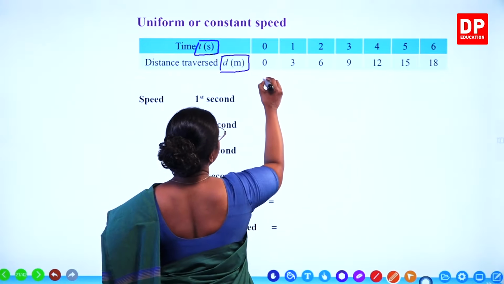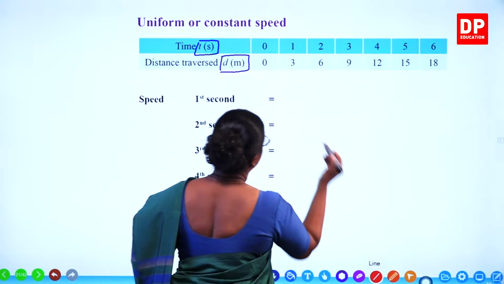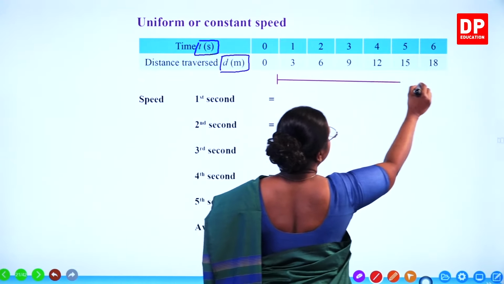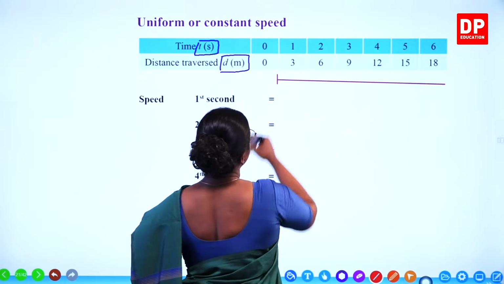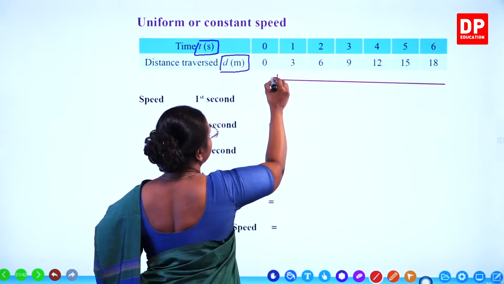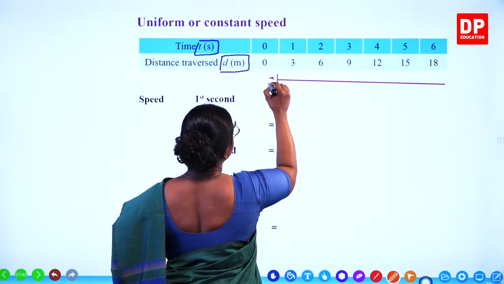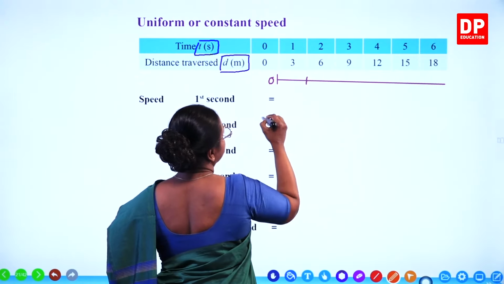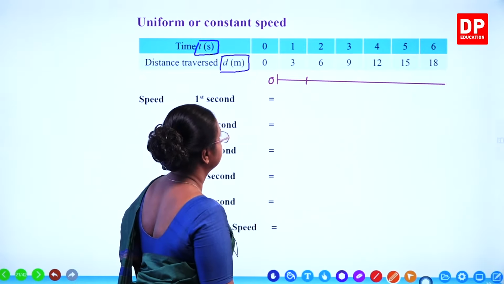So if I just show this as a diagram, we start from point 0, that is the 0 second. And at the end of the first second, the car has moved 3 meters.